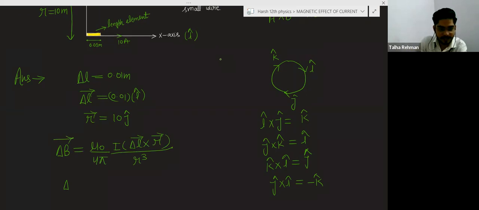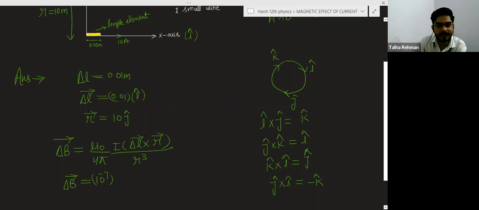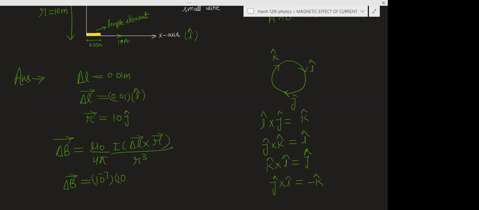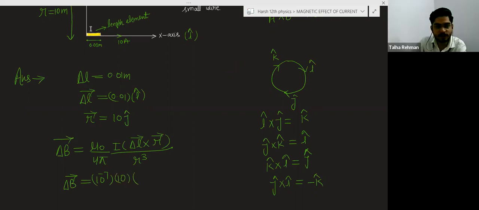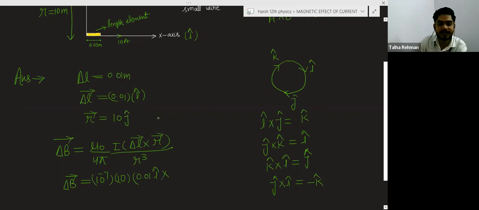So delta B vector is mu naught upon 4 pi, which is 10 to the power minus 7. The value of I here is 10 ampere. Delta L you will take 0.01 into I cap, and cross R vector, this is J cap, you will take 10 J cap. And this is divided by R cube, means 10 cube.